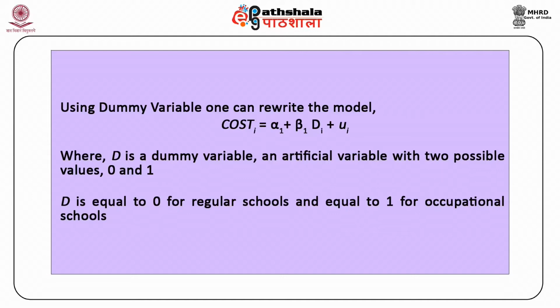D is equal to 0 for regular schools and equal to 1 for occupational schools. Introduction of a single dummy variable to represent two categories of schools is undertaken to introduce a common intercept. The reason for doing so will be explained later.